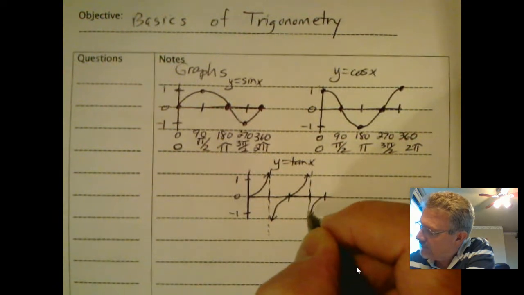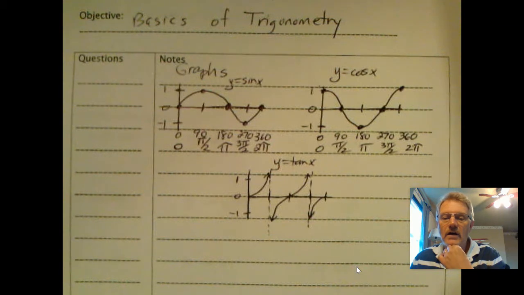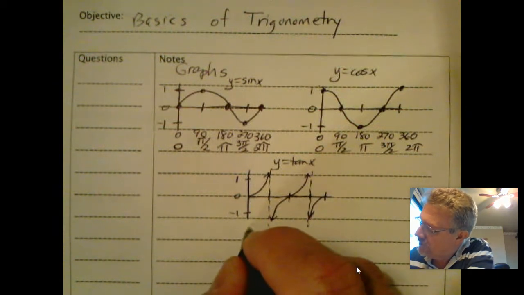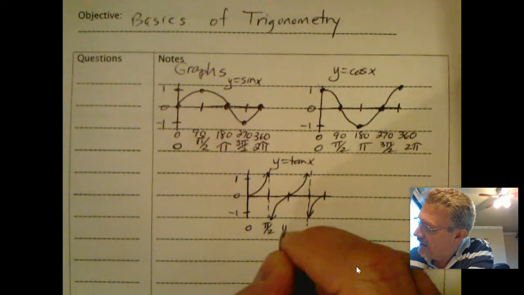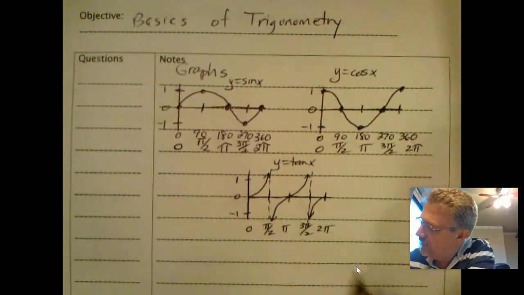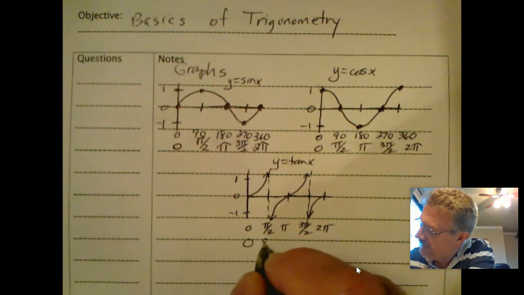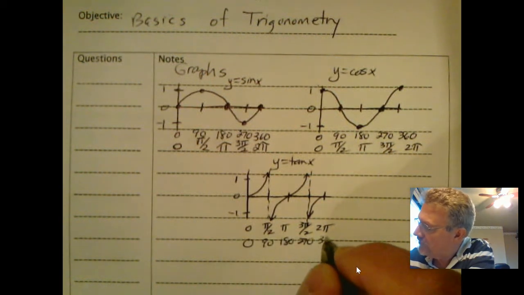So the tangent graph starts over again at 180 degrees. My labels: 0, pi over 2, pi, 3 pi over 2, and 2 pi, which are 0, 90, 180, 270, and 360.